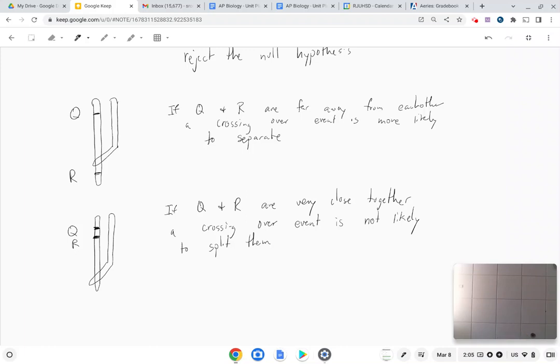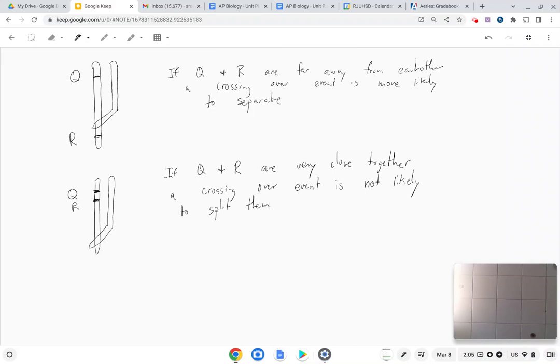So the rate of crossing over helps us determine distances between genes.